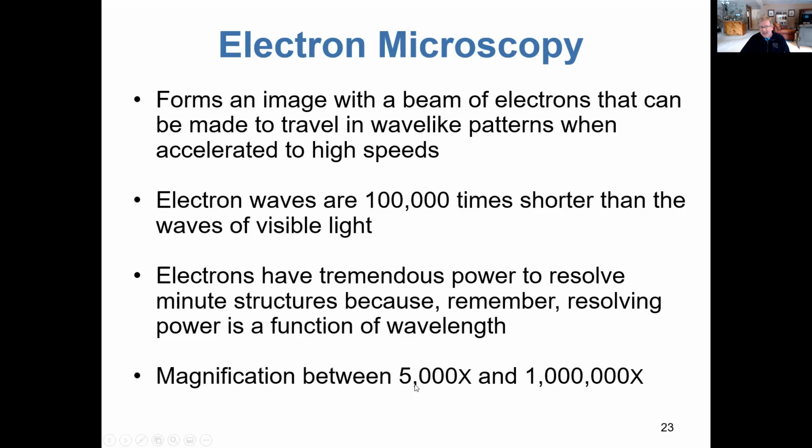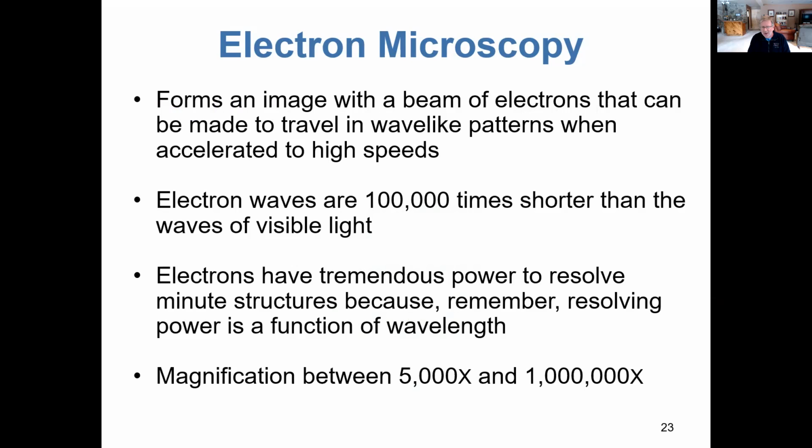In fact, electron microscopes allow us to see things upwards of 1 million or maybe even more than 1 million times actual size. It's mind-boggling. There are some electron microscopes that can see 5 million times actual size. So it's phenomenal what these instruments can do.